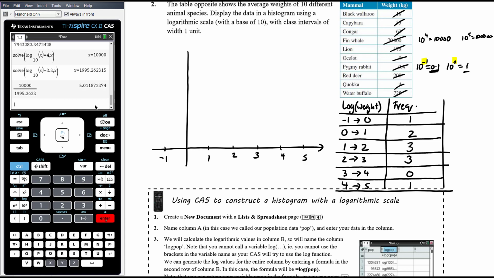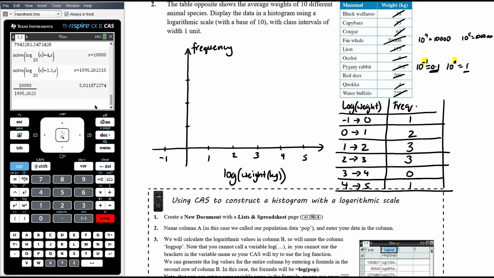Frequencies only need to go up to 3, so let's have 1, 2, 3. So this is frequency, this is log of the weight in kilograms.